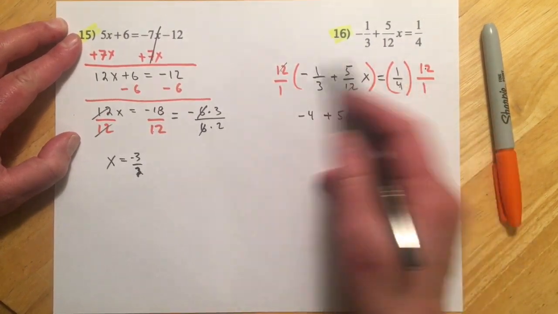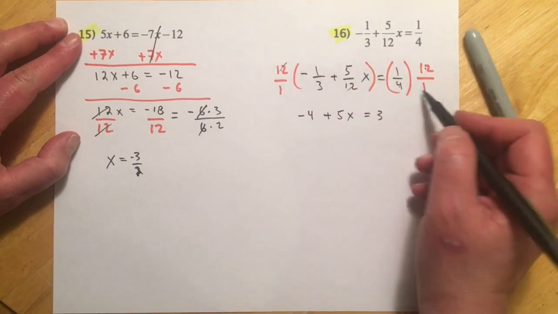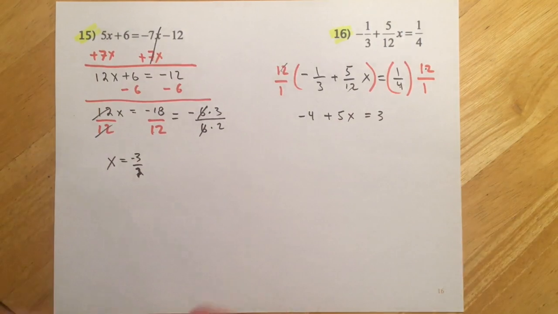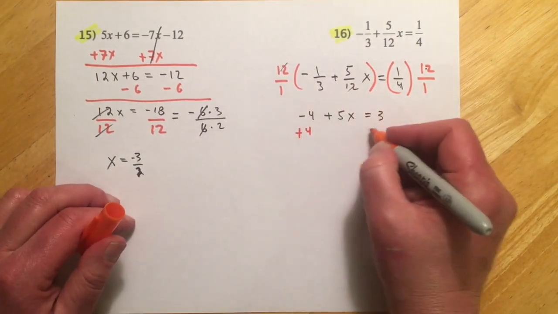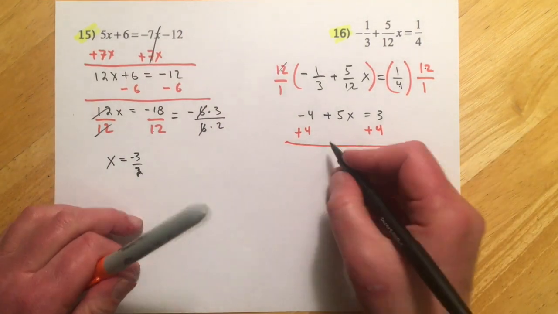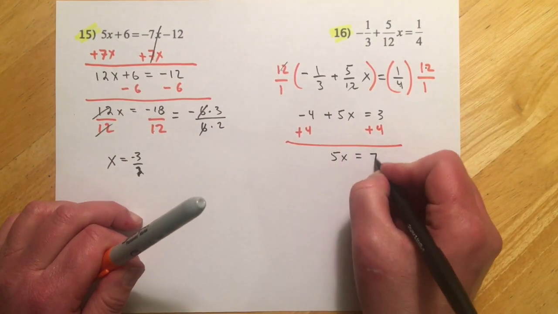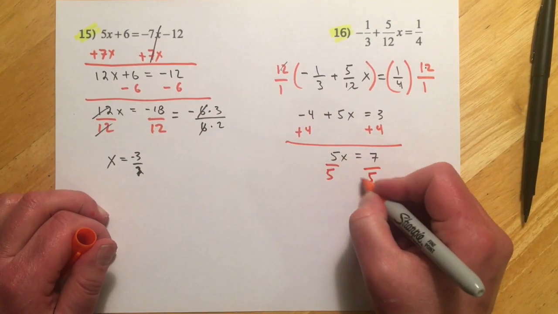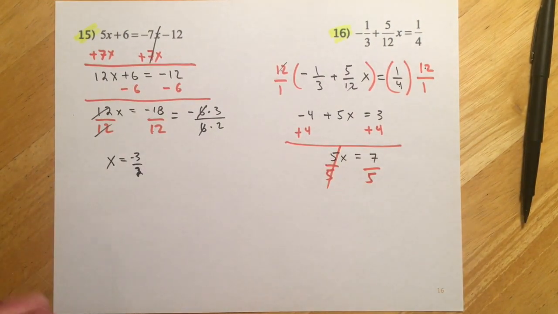So again, once you kind of get good at this, it's pretty easy to clear those fractions, and that's a much easier problem. And then I want to get everything I can away from that x, so I'm going to go plus 4 to both sides. That's going to be 5x equals 7, and then just divide the 5 over, and then that's it. X is 7/5. Cool. So that concludes the multiplication property of equality.